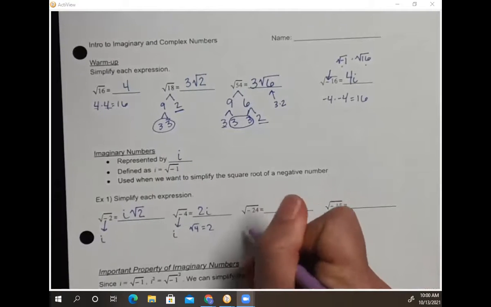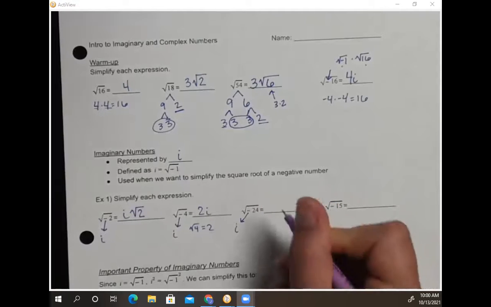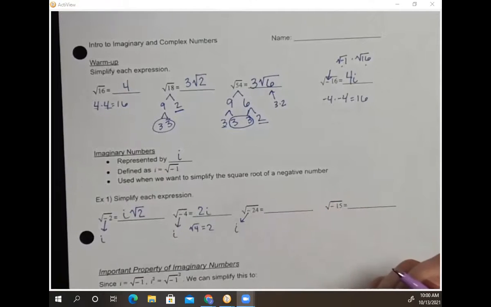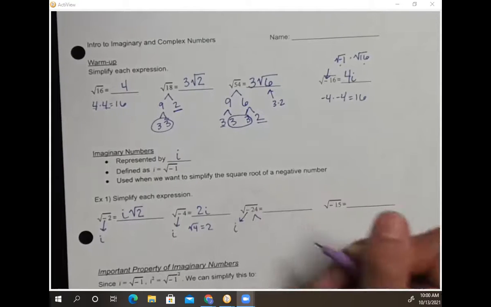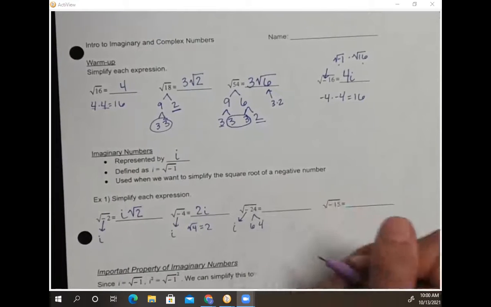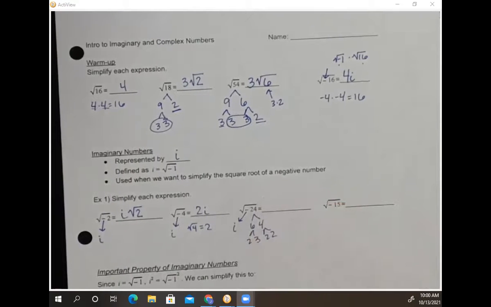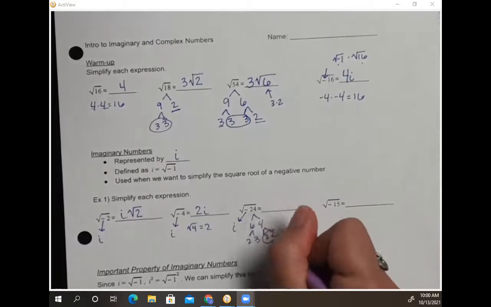For our next one, we've got the square root of negative 24. So we know we're going to get something imaginary. And then does 24 have a nice square root? Not so much, but we can simplify that. What times what gives me 24? 6 and 4 will work. 6 is 2 times 3. 4 is 2 times 2. Remember, we're just looking for a pair here.